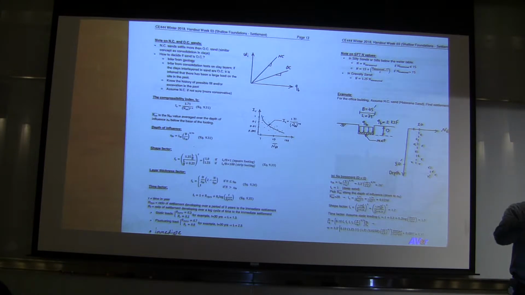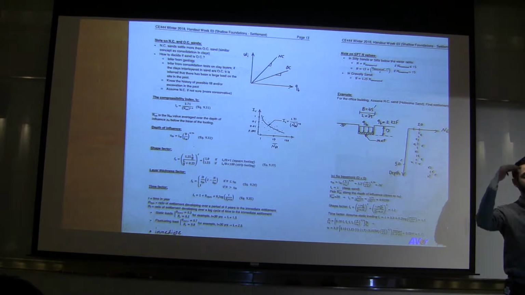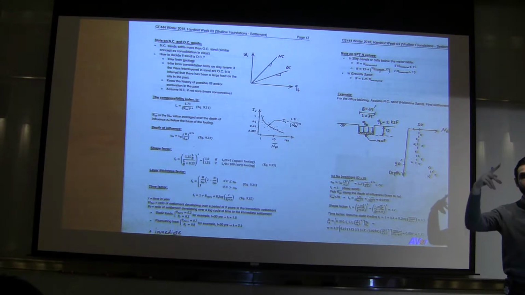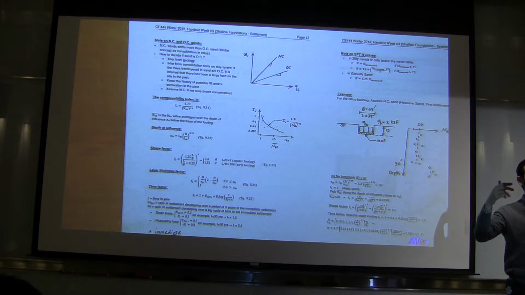So we get a sample from that clay, we bring it to the lab, put it in the consolidometer and test it, and then we know if that particular clay was over consolidated, and we can know even what over consolidation ratio it's under. So if you have a sand layer that is sandwiched between 2 clay layers, and both of those 2 clay layers are OC, would that tell you that that sand layer is also OC?